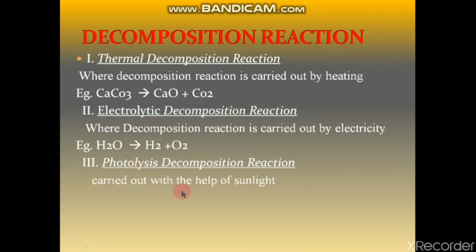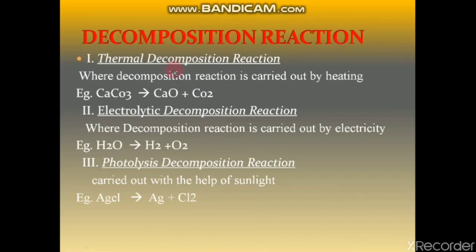The example is AgCl, silver chloride, which is a solid. When we keep silver chloride in sunlight, Ag, that is silver, a solid, becomes separate, and Cl2, that is chlorine, also becomes separate. So both particles become separate.